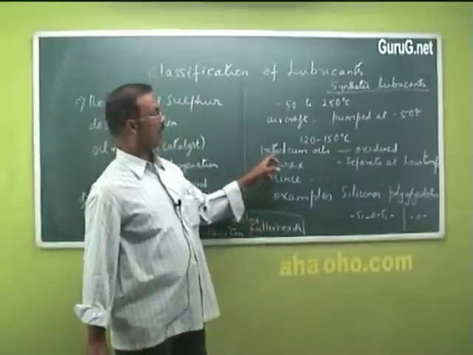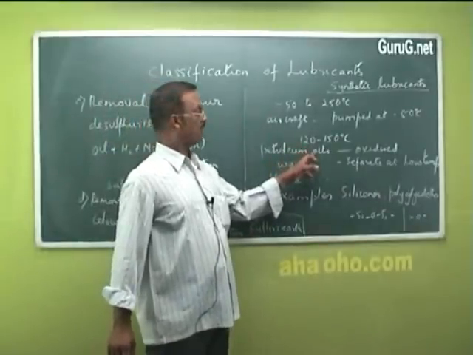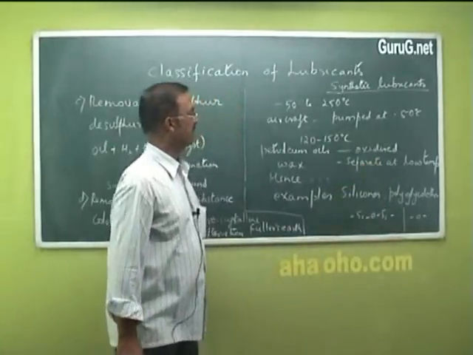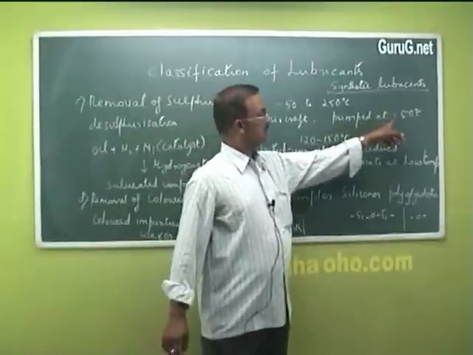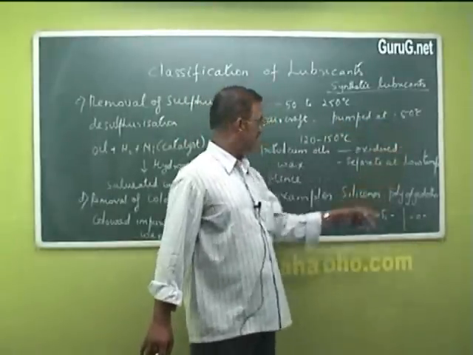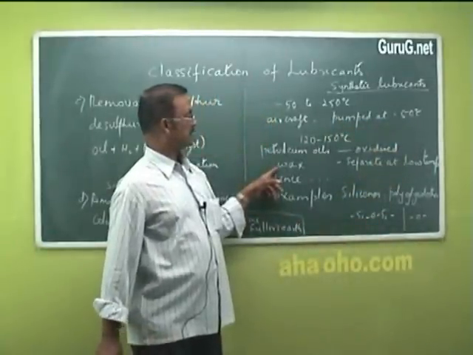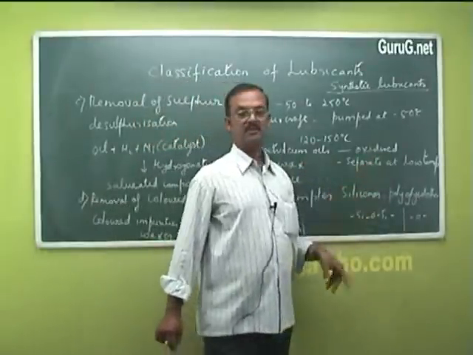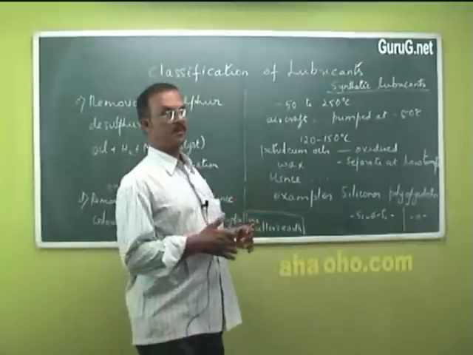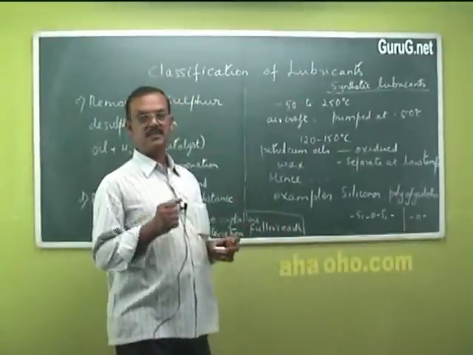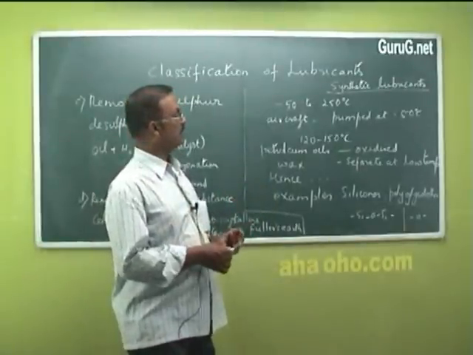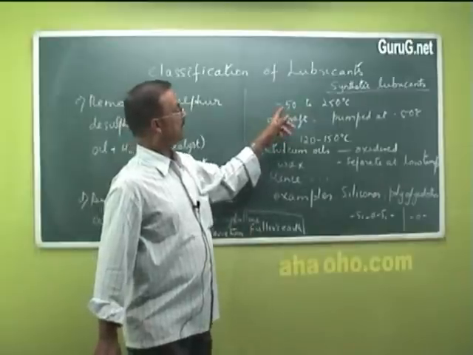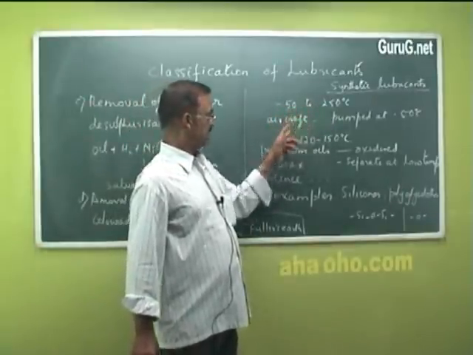Suppose petroleum oils are employed for this purpose. At this temperature range they can get easily oxidized, and at minus 50 degrees centigrade, the waxes present in the petroleum oils can easily separate out. So this causes a lot of problems. There was a necessity to find another lubricant which can effectively operate within this range.